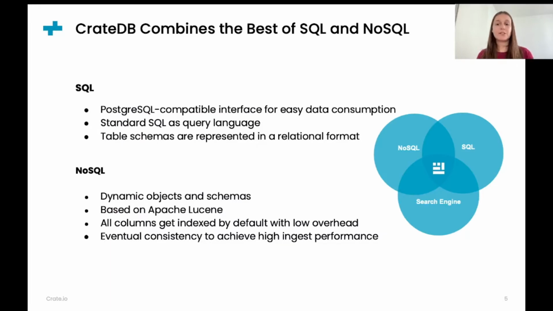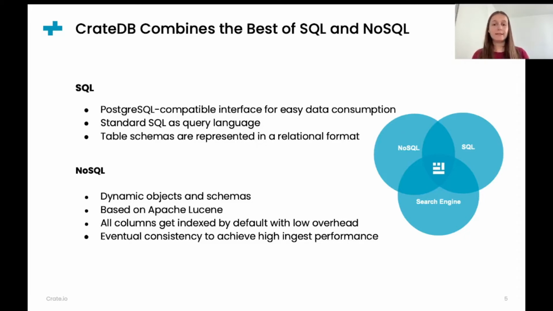CrateDB is a NoSQL database with SQL interface, and it combines the best of both. It offers a PostgreSQL compatible interface for easy data consumption, and tables in CrateDB are represented in a relational format. So to query data in CrateDB, you just need to use standard SQL as a query language.